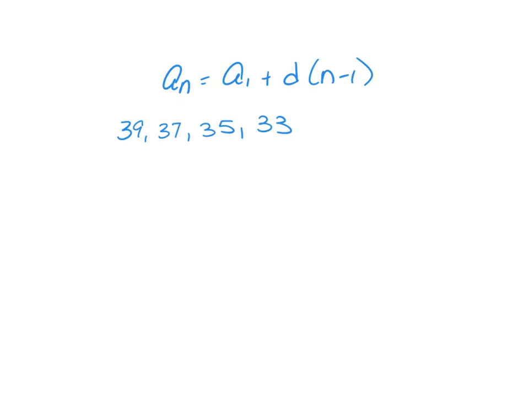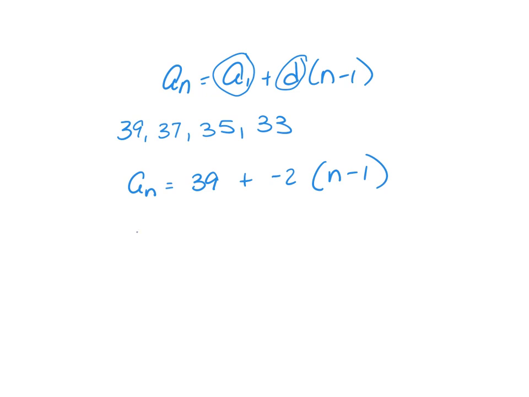So we're going to do explicit first. Explicit, all we need to do is fill in A1 and D, clean it up, and leave it alone. So if I have A1, I have AN equals 39 plus -2 times n minus 1.